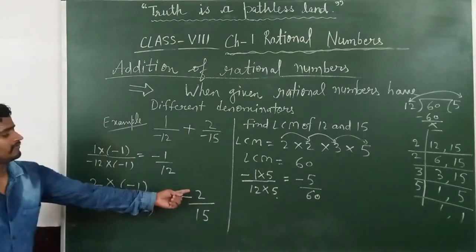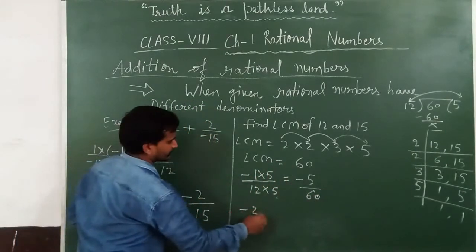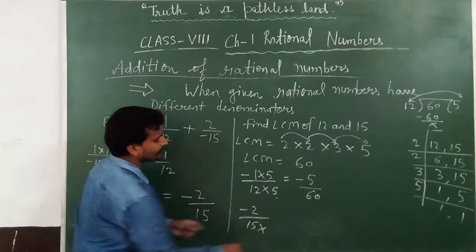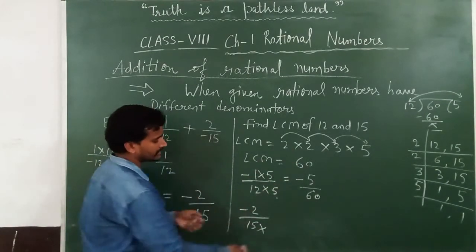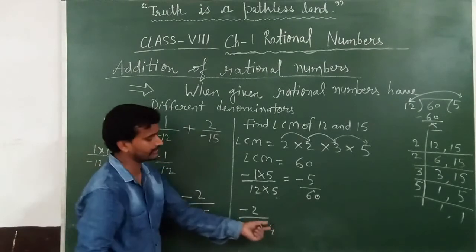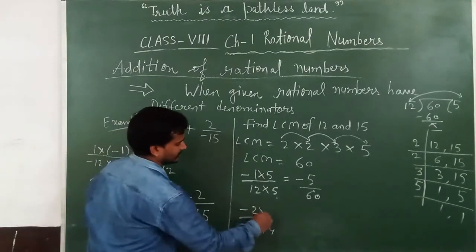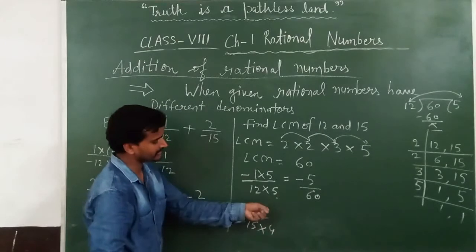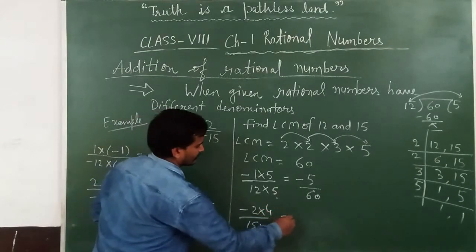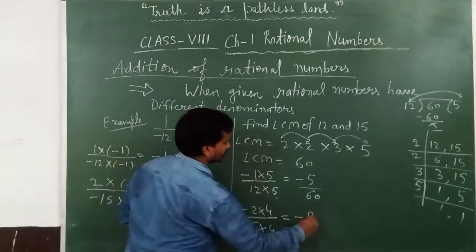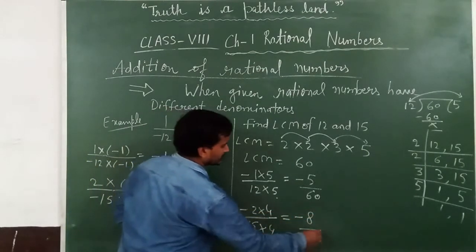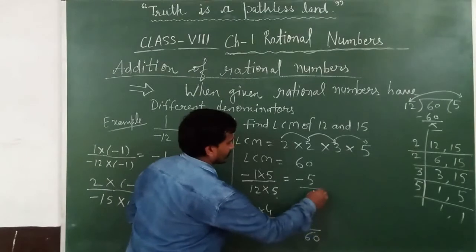Similarly, next one is minus 2 upon 15. We have to make this 15 equal to 60. By which number do we have to multiply? 4, because 15 multiplied by 4 is 60. The same number is multiplied in the numerator. Now it will become minus 8 upon 60.